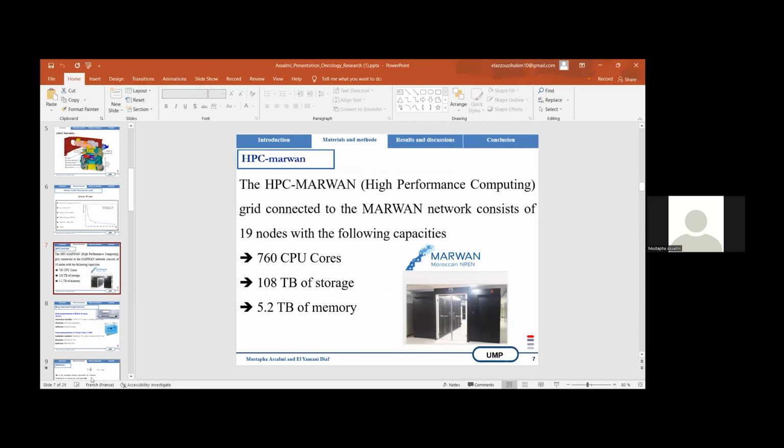The Monte Carlo calculations are carried out using the Moroccan high-performance computing grid connected with the MARWAN network. It consists of 19 nodes used to perform the Monte Carlo calculations.